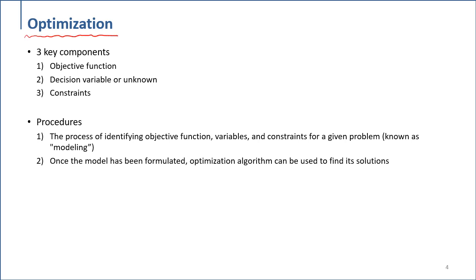As we can see here, the optimization process should involve three components. Firstly, an objective function should be properly decided, and a decision variable or unknown should be included. And finally, there could be some proper constraints or not.